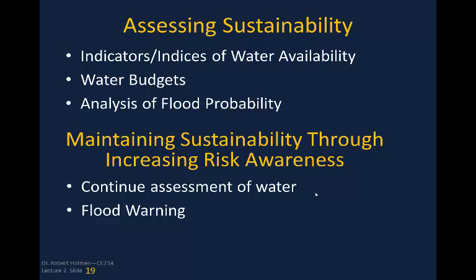For those places where we have streamflow gauges, they actually would put out a forecast for the flooding and tell you, okay, 3 days from now the flood's going to peak, or it's going to crest at a certain stage. So you're aware of how quickly it's going to come up, how high it's going to get, and whether you need to evacuate your home or make other kinds of arrangements.